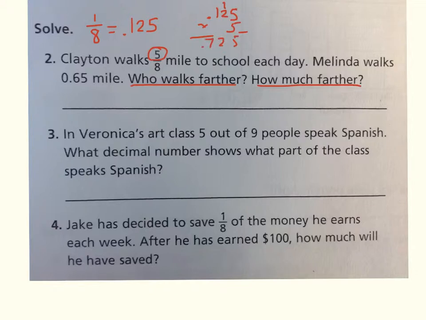And I get 0.625. So Clayton is 0.625. Melinda is 0.65. So right away I know that Clayton walks farther.